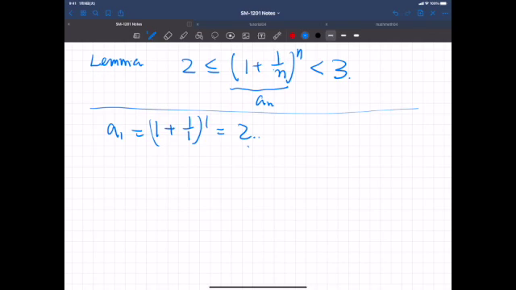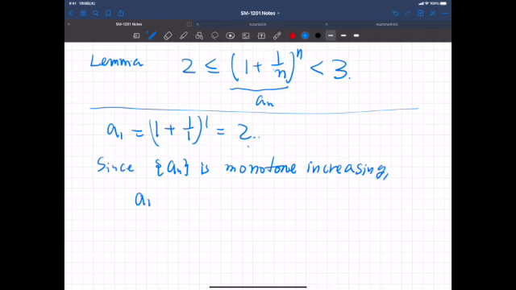So since a_n is monotone increasing, we have a_n greater than or equal to 2 for all natural numbers n.